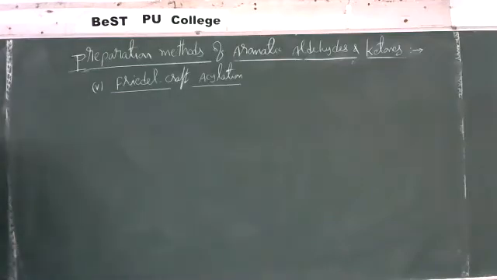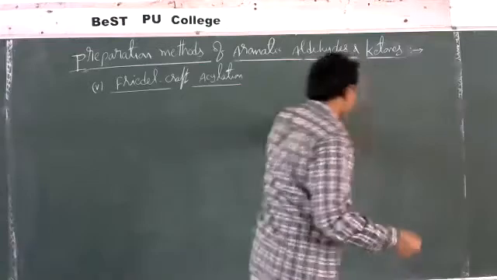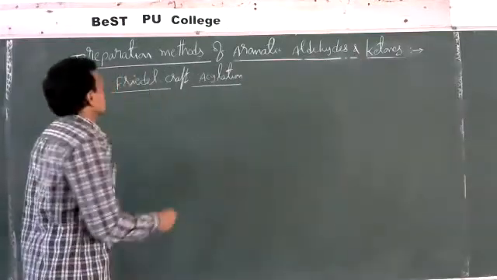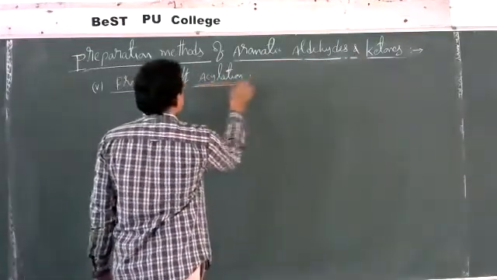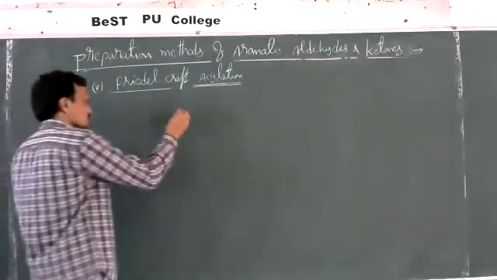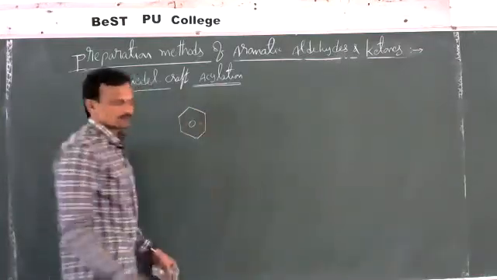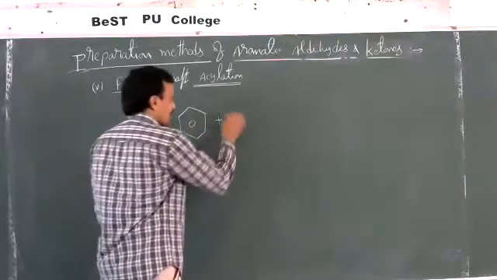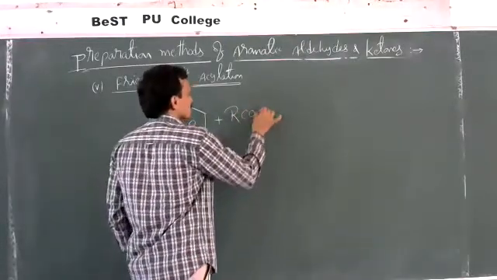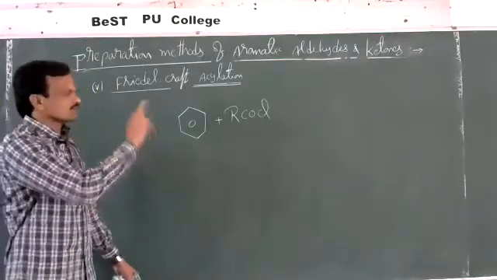Right, now see here. Regarding Friedel-Crafts acylation, you have already studied it in earlier classes, in the first PUC hydrocarbons chapter. Friedel-Crafts acylation: the acylating agent is acyl chloride, and in the presence of a Lewis acid as catalyst, benzene is allowed to react with acid chlorides, RCOCl. An acid chloride is a chloride derivative of a carboxylic acid.